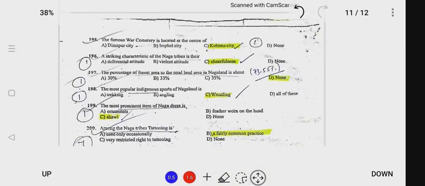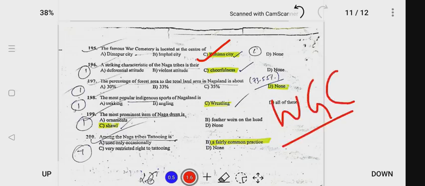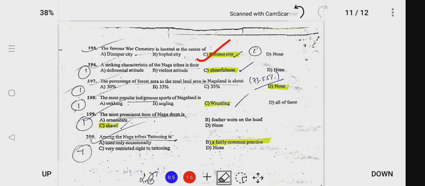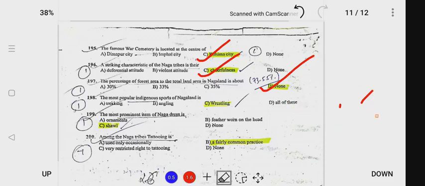Next, the famous war cemetery is located in Kohima, which is maintained by the War Graves Commission. Next, the striking characteristic of the Naga tribe is cheerfulness. The percentage of forest area is 73.55. According to the latest 2021 forest report, it is 73.57.